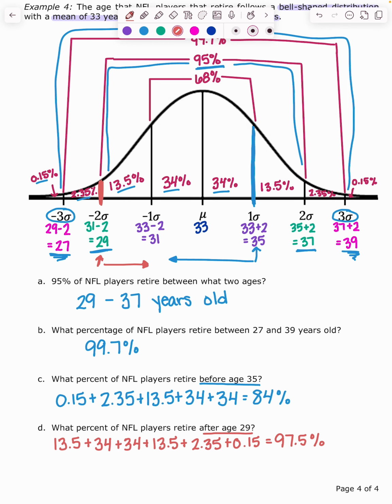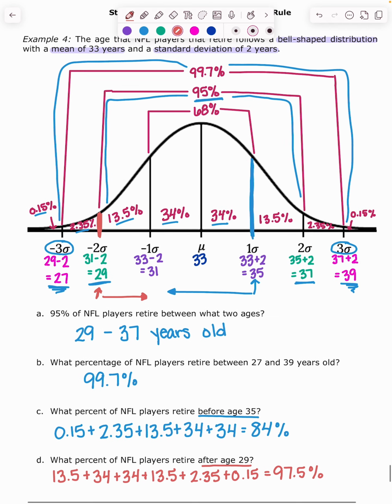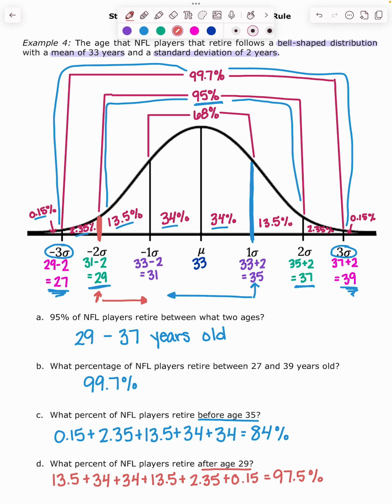So 97.5% of the NFL players are retiring after the age of 29. So that's one example that shows how we can create the distribution and then also how we can use it to answer questions related to it.